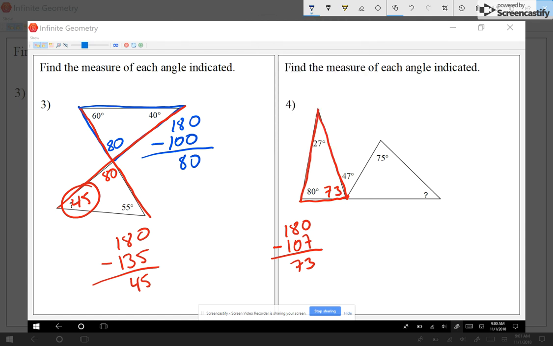Now here I have a rule that these three angles, I'm doing it in blue, make half of a circle, so that's 180. I know 73 plus 47, the two angles that I have. If I add them, that gives me 120. Let me subtract that from 180, and I get that this angle here is 60.